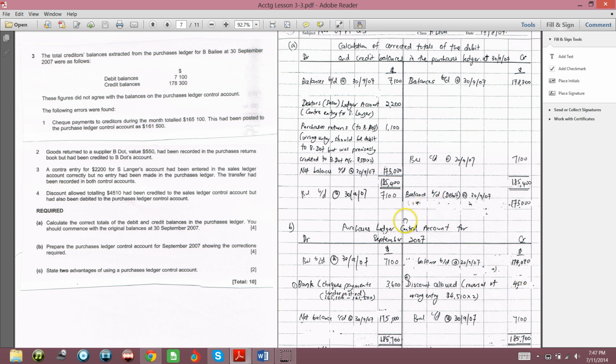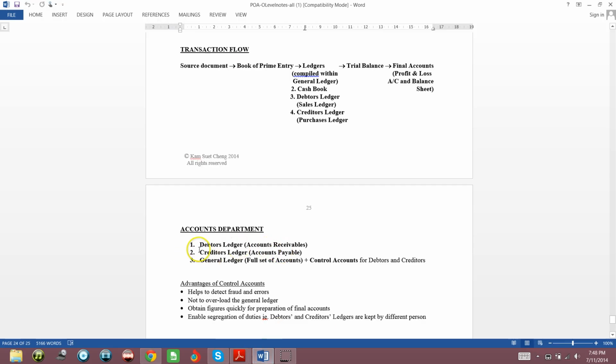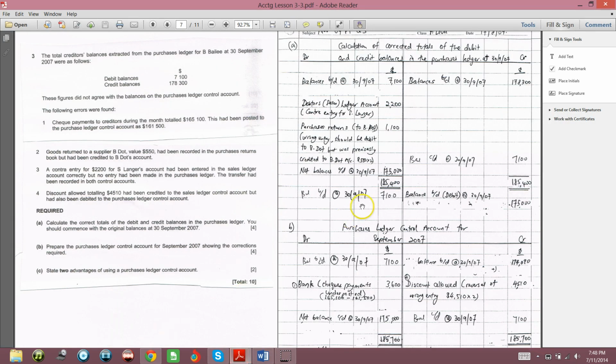Okay, so like what I have explained just now, if everything is correct, person number 2 will have the same creditors figure as person number 3. Since over here I have filled up all the figures, the balance carried down, that means the debit balance of the creditors, I explained what is debit balance.